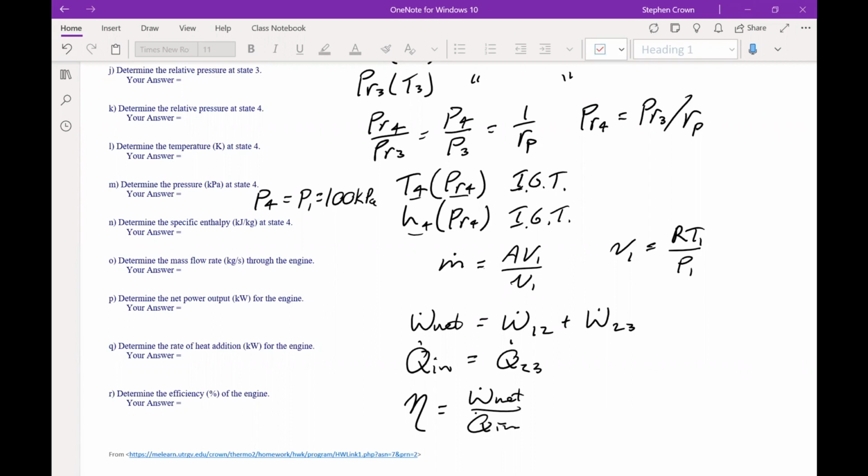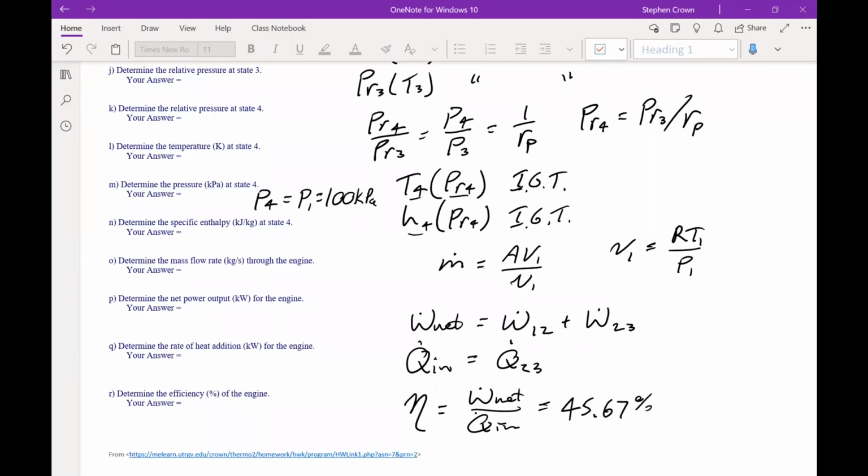And if you work out the numbers for this example problem, you'll find that the efficiency equals 45.67%. So this was for the air standard.